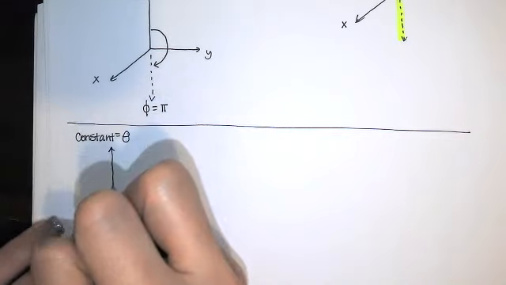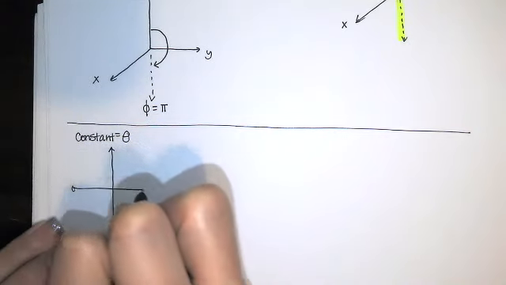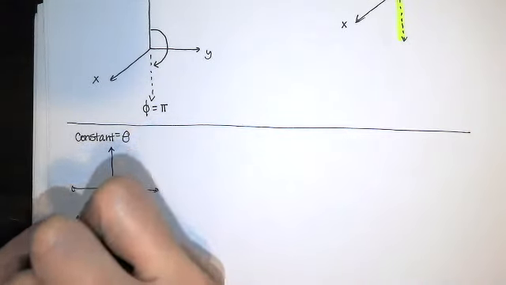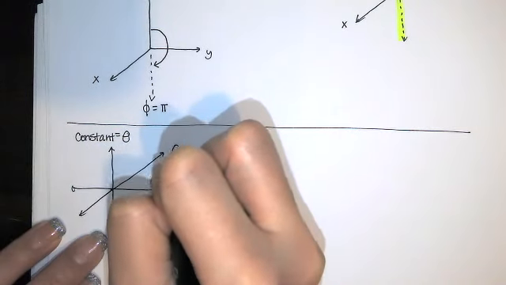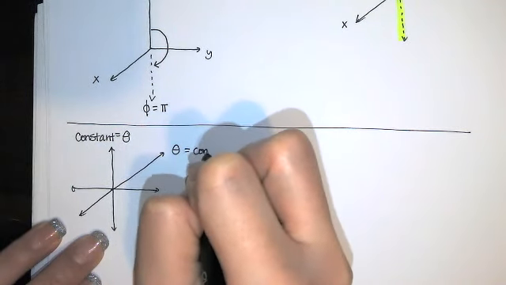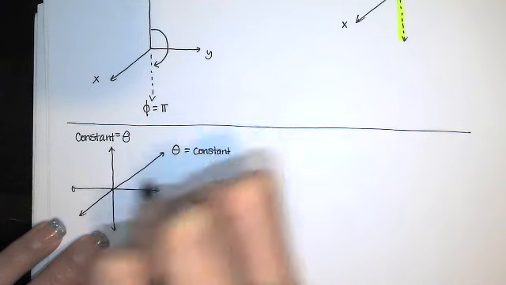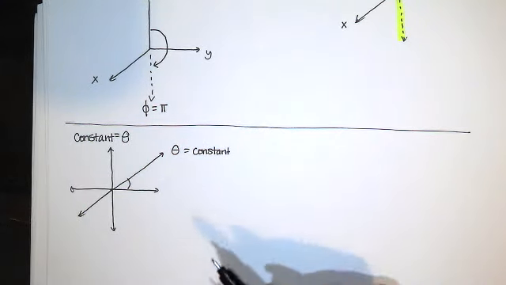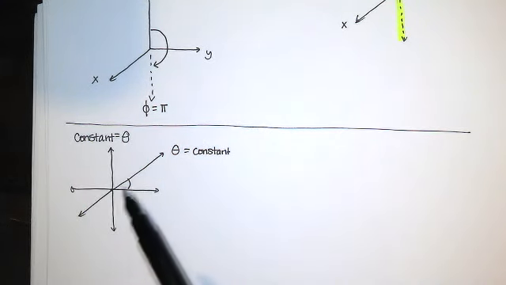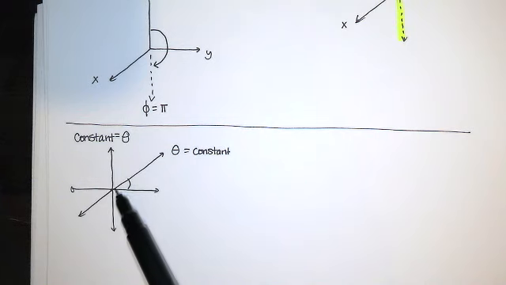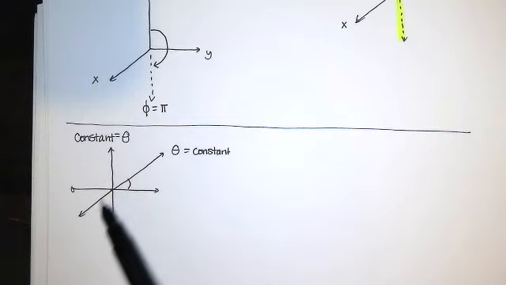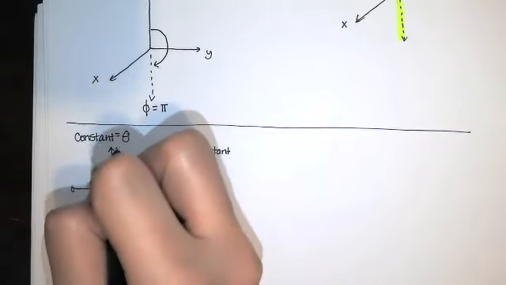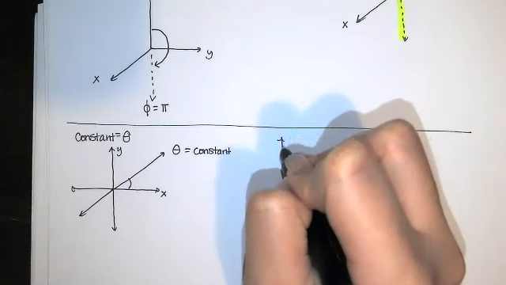I think we all know what will happen. In the xy plane, if theta is equal to a constant, it looks like this. And that's that constant value for theta. If we've got this value for theta and r is positive, we go this way. If we have this value for theta and r is negative, we go that way. But what does that look like in three-dimensional space?